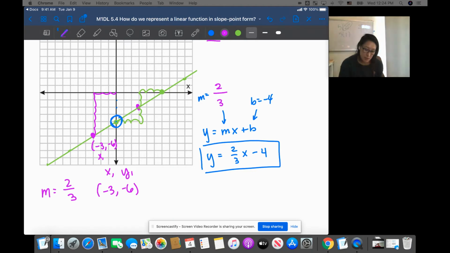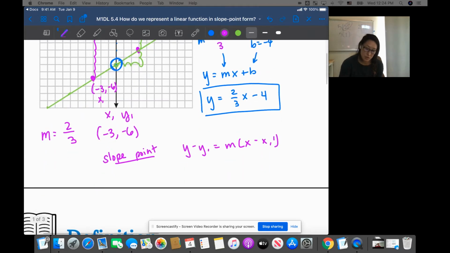So when I plug this into my new slope point equation, y minus y1 is equal to the slope times x minus x1. Okay, so the y's we keep, and then y1 is negative 6, so I use the minus. Y minus negative 6 is equal to the slope, 2 over 3 times x, minus x1 is negative 3.